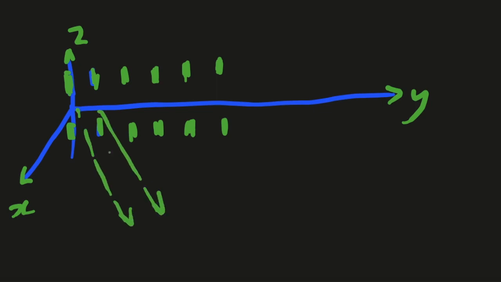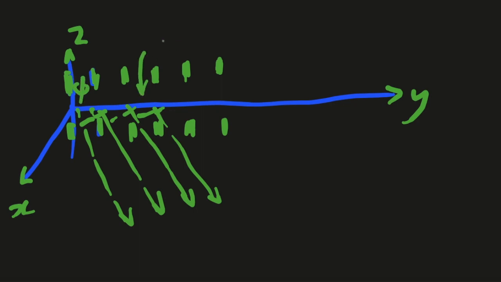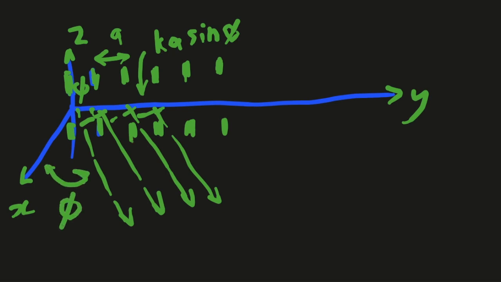There's going to be some phase difference here, and some phase difference here, with similar geometry to the diffraction grating. Let's call this angle phi. The phase difference would be k a sine phi, where a is the spacing between the antennas. We're looking at the xy plane.